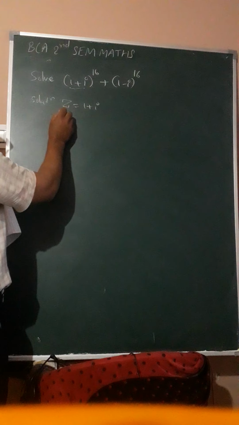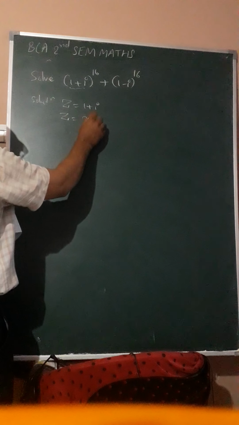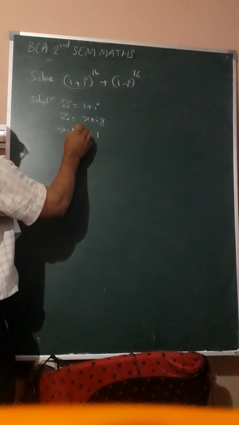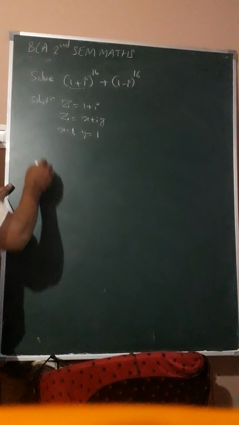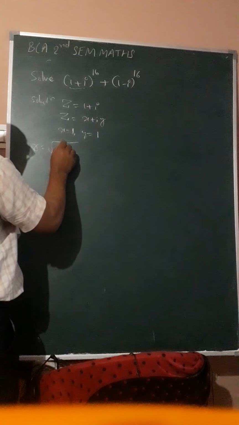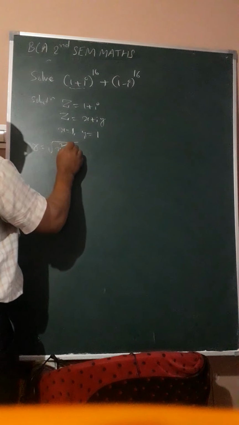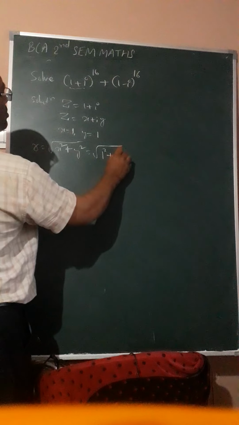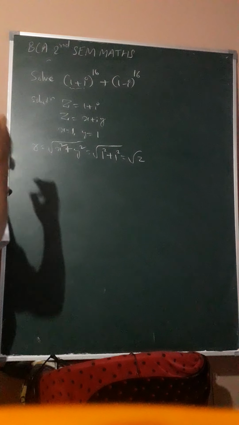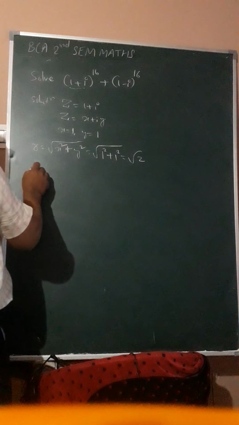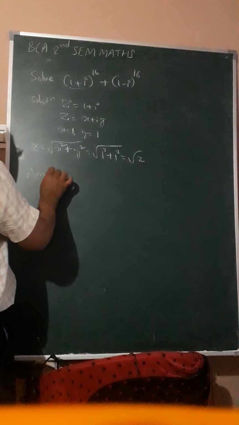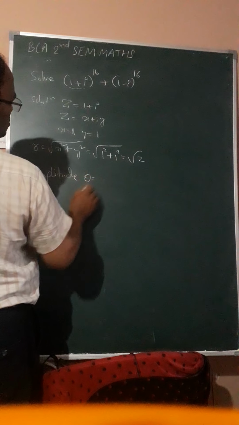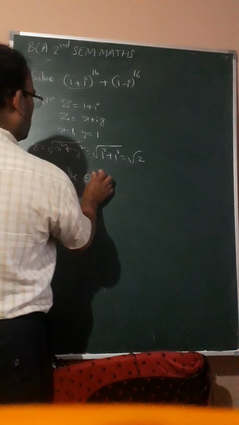Here, comparing this to the standard complex number x plus iy, x is equal to 1, y is equal to 1. What is the modulus? Modulus r is equal to the square root of x square plus y square, the square root of 1 square plus 1 square, that is square root of 2. Theta is the amplitude.